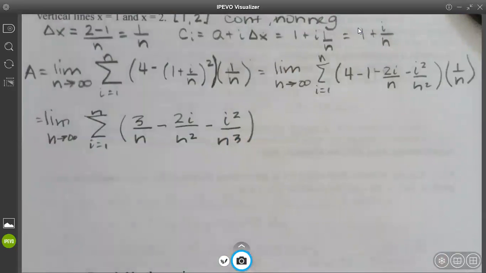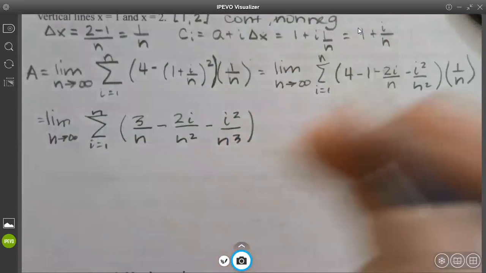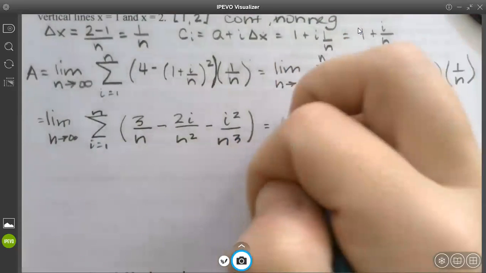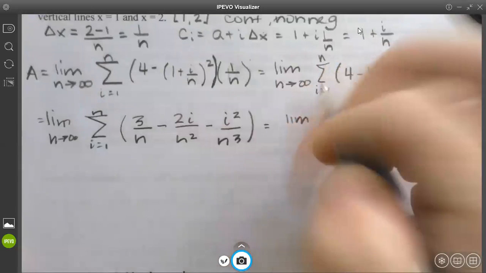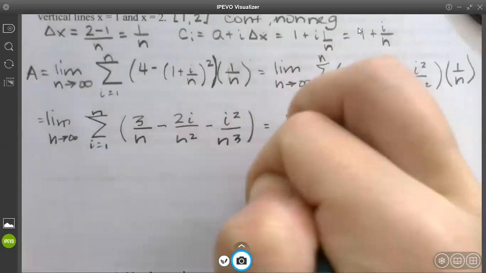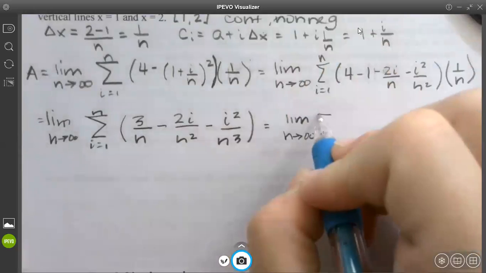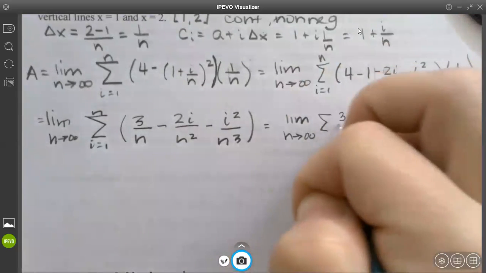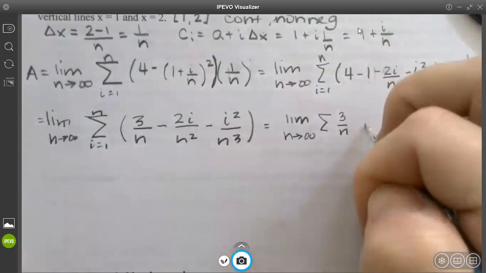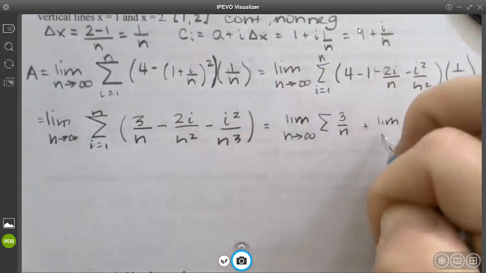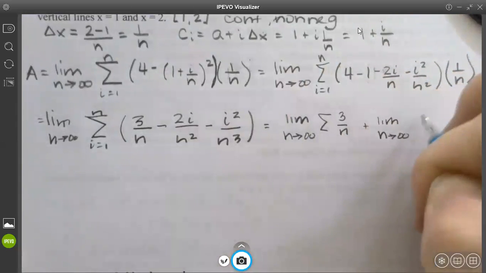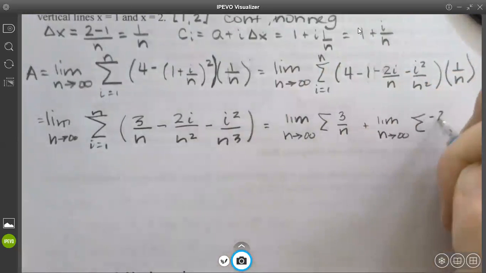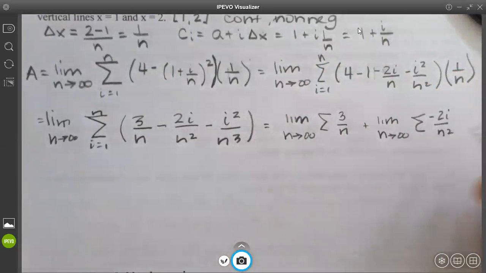Because these all have different denominators, you're going to split it up and take the limit differently. Okay, so each individual limit. When you do this, you'll take the limit as n approaches infinity of 3 over n, the limit as n approaches infinity of negative 2i over n squared.